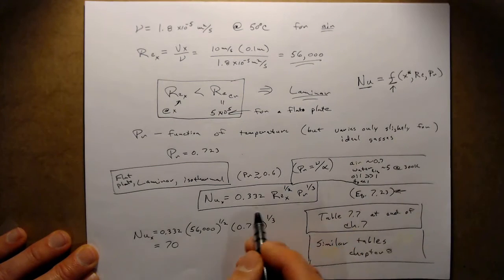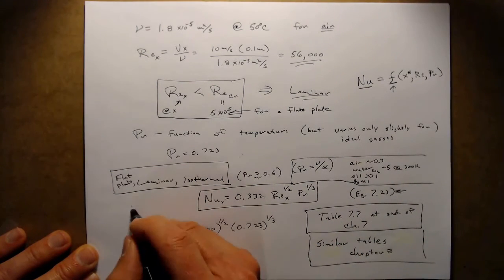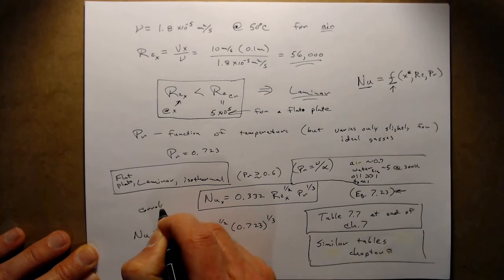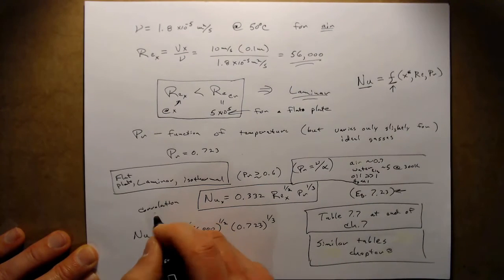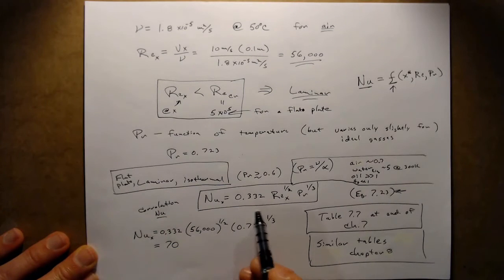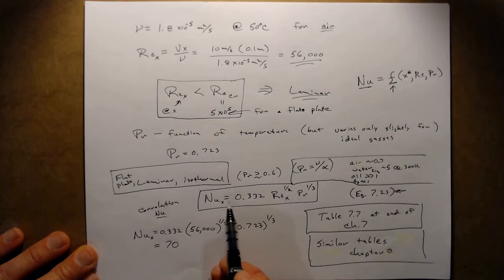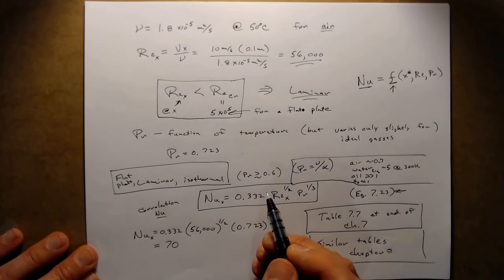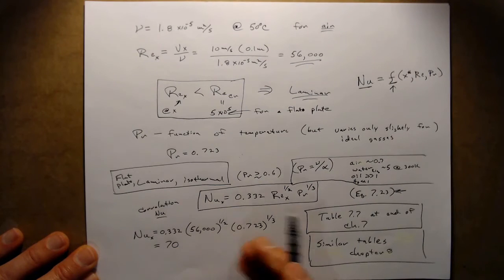Now, this is what would be termed a correlation. When we talk about correlations for Nusselt number, this is what we're looking at. We're looking for a function of the Nusselt number in terms of the Reynolds number and Prandtl number. And each correlation will have certain limitations on it, the conditions for which it's valid.